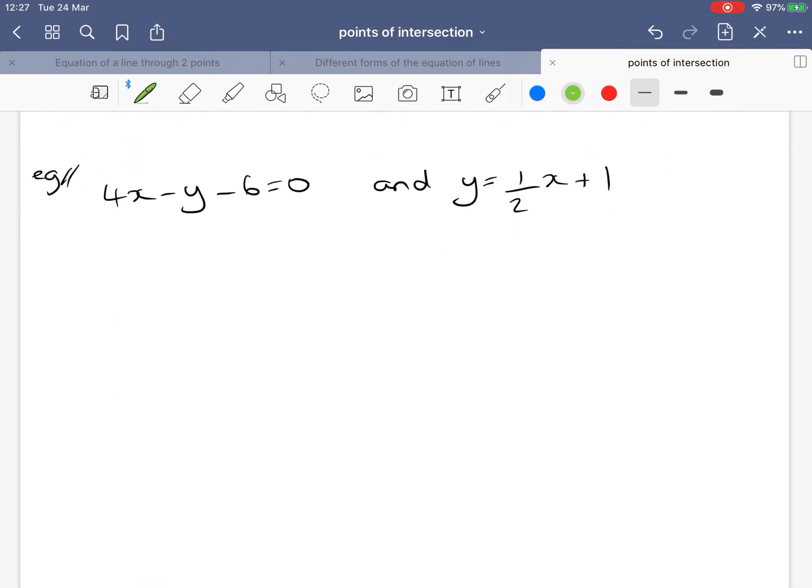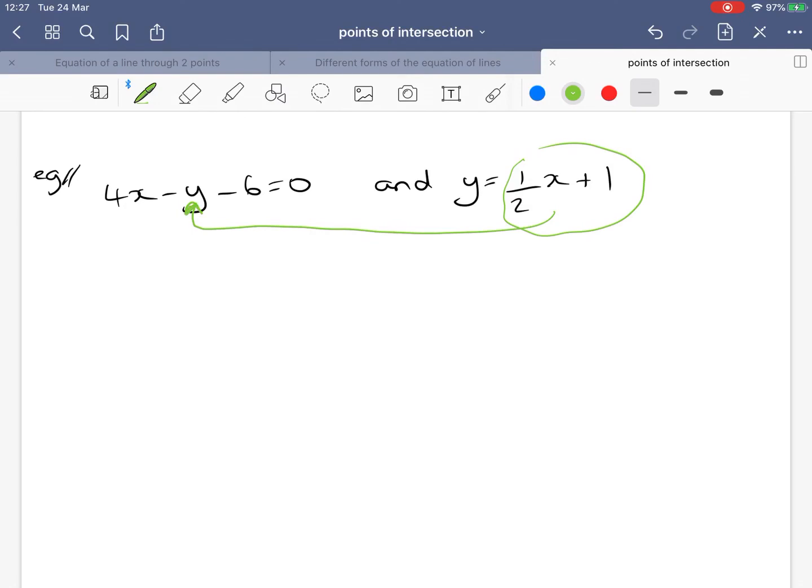And the last one, we've got a bit of y equals mx plus c form and a bit of standard form. Okay, again, various ways you can do it, but personally, I would substitute that into there for my y. So I would then write 4x minus, now this is where you have to be careful because you're taking away all of this.